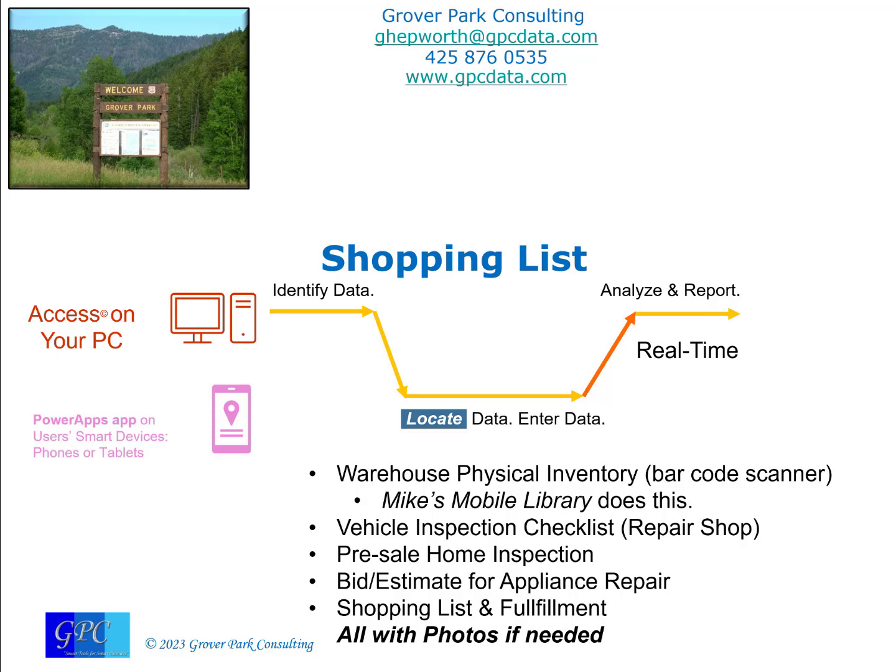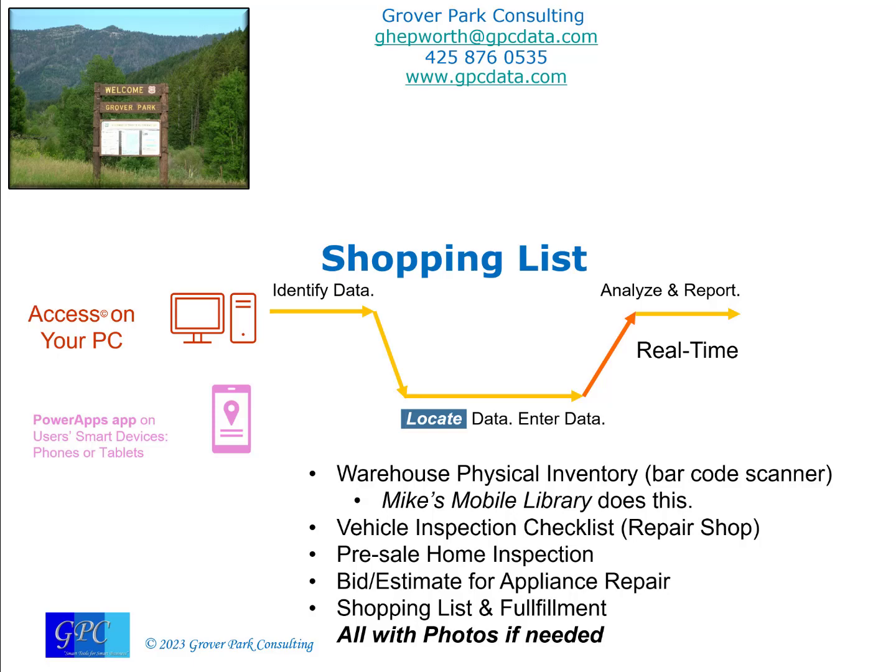And in addition to my shopping list, I think there are some other typical use cases where this kind of approach could work. A physical warehouse inventory. You send someone with a barcode scanner, and the phone has its own barcode scanner, into the warehouse, and they start scanning the barcode labels on shelves to get information about what products are physically there, rather than sending someone out with a clipboard and a piece of paper to check it off.